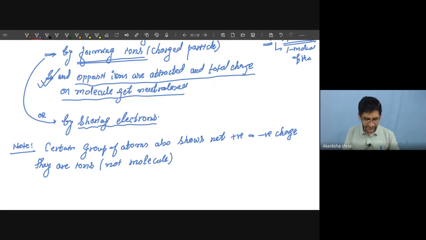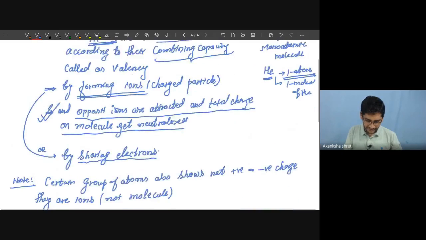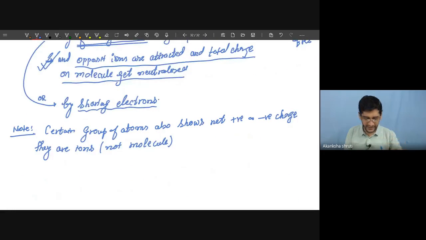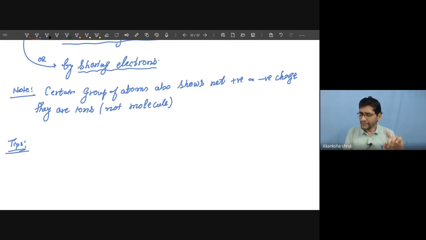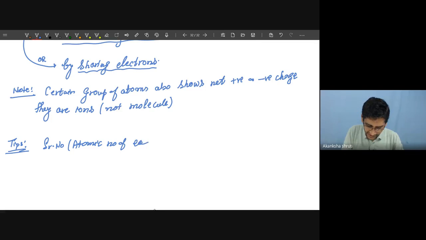Students, now we shall understand whatever we have written. Understand each and everything very carefully. The ultimate purpose is, what is the idea behind this, or the tips that you have to keep in mind? You have to keep the serial number, or call it the atomic number basically, of each element.